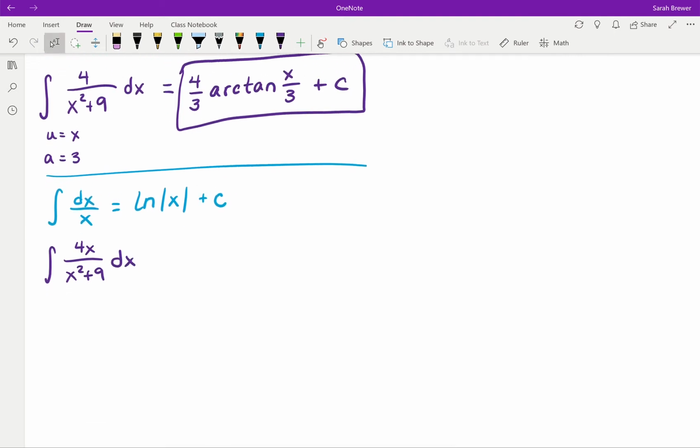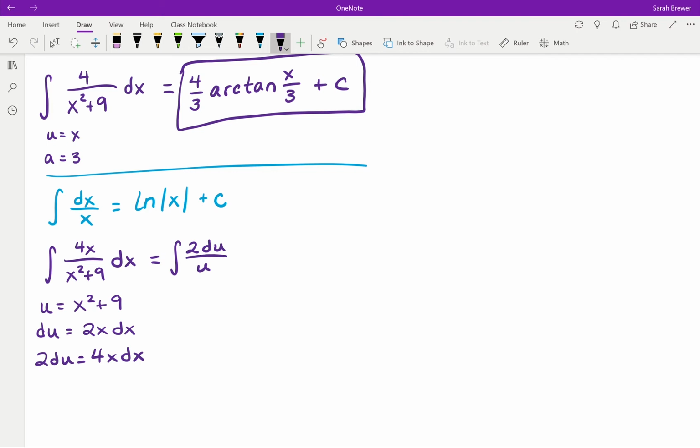And this just involves a pretty straightforward u-substitution. So we're going to let u equal x squared plus 9. And so du is equal to 2x dx, or actually I don't want 1/2 because we have 4x dx, so I'm going to write 2 du is equal to 4x dx. And so what we have here is the integral of 2 du over u, which is equal to 2 times the natural log absolute value of u plus c.